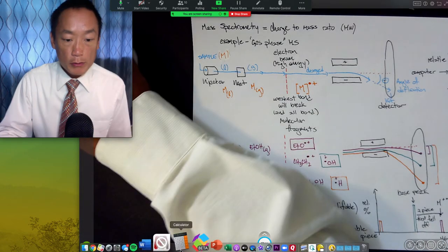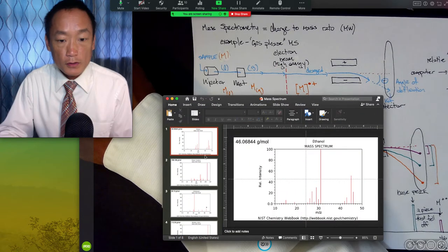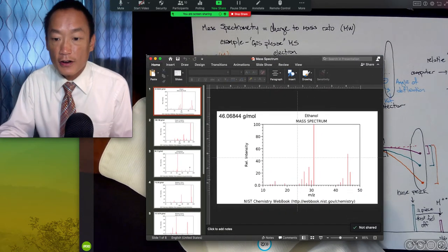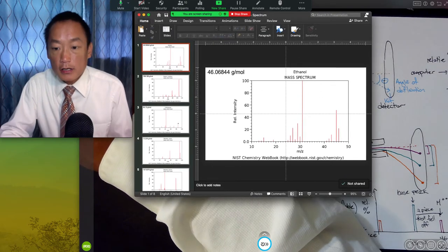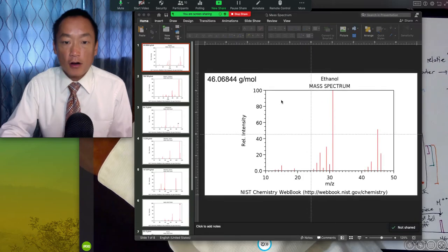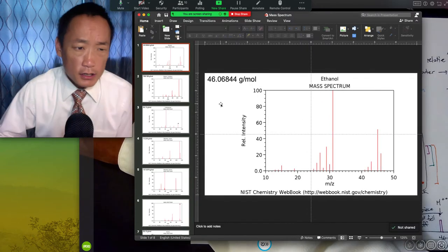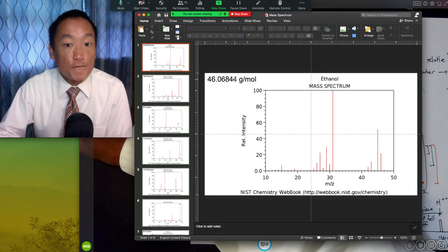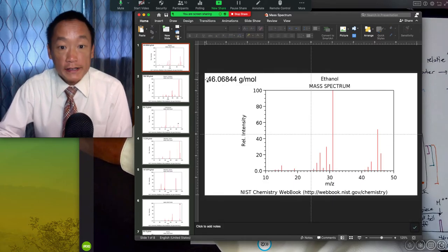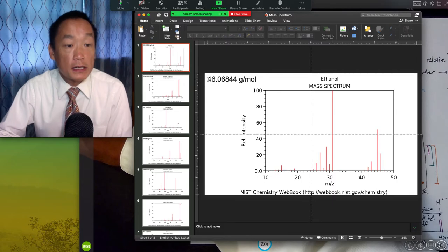And so when we look then at what we would expect to see here. Hey, I did get ethanol correct. Here's the mass spectrum of ethanol. And ethanol weighs, in accounting for all of its isotopes, 46.06844 grams per mole. That's not quantifiable because that's a mole of these, how much it would be.